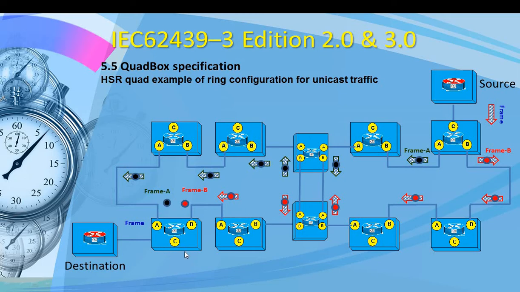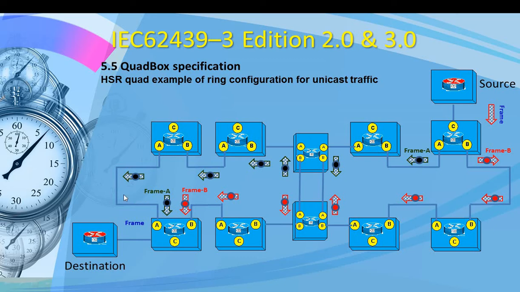The red box which connects to the destination host receives 2 frames. This frame A and frame B are exactly the same except for the HSR tag.